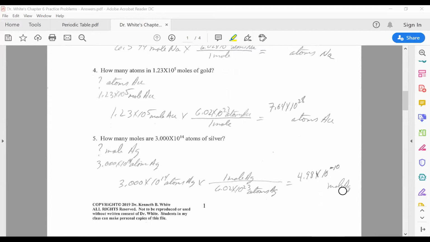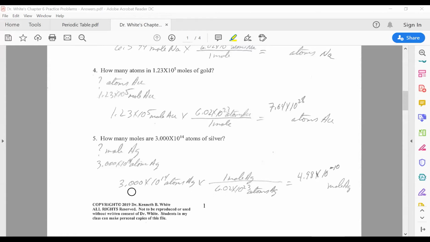Once again, we use unit analysis. Whatever we're trying to get to goes on top of this ratio. Whatever we're trying to get rid of goes underneath. Where do we get the numbers that go here? 1 mole of a compound, or an element in this case, equals Avogadro's number, 6.02 times 10 to the 23rd.